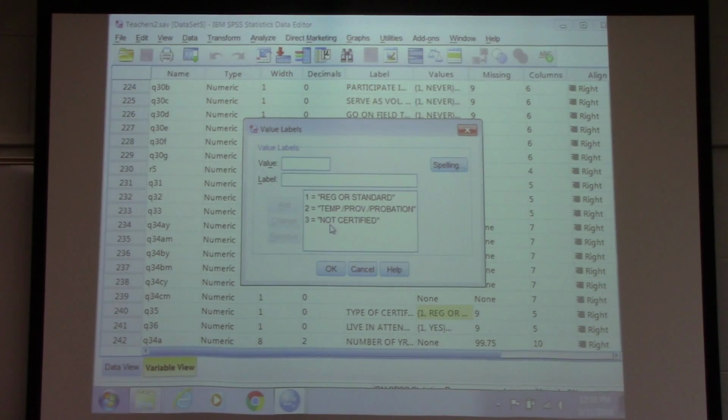A lower education level, because of the negative correlation, is more likely to be non-certified, a smaller number to a bigger number. A regular certification, the lower number in one file, is more likely to have a higher education, the bigger number in the other file. So it's a small negative relationship, and to really understand the relationship, you need to look at what the numbers represent within that particular variable.